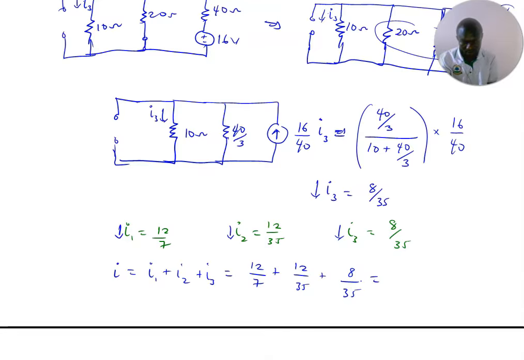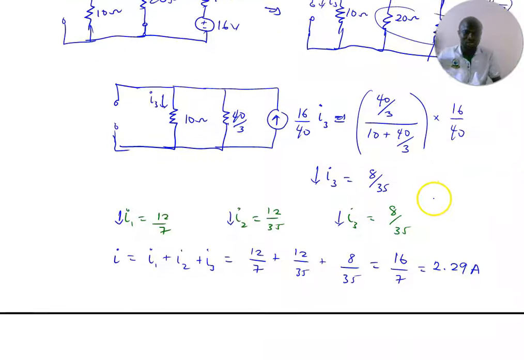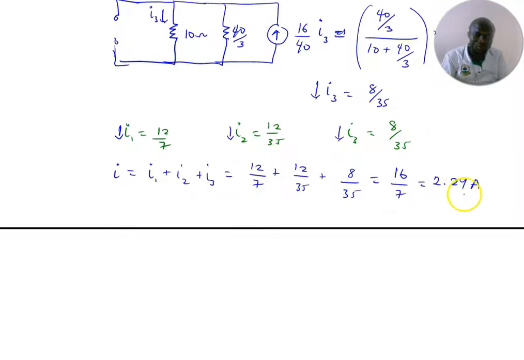We have 12 on 7 plus 12 on 35 plus 8 on 35, and that gives 16 on 7, which is the same as 2.29 amps. Yeah, I think that's what we had in our previous video. That 2.29 amps.